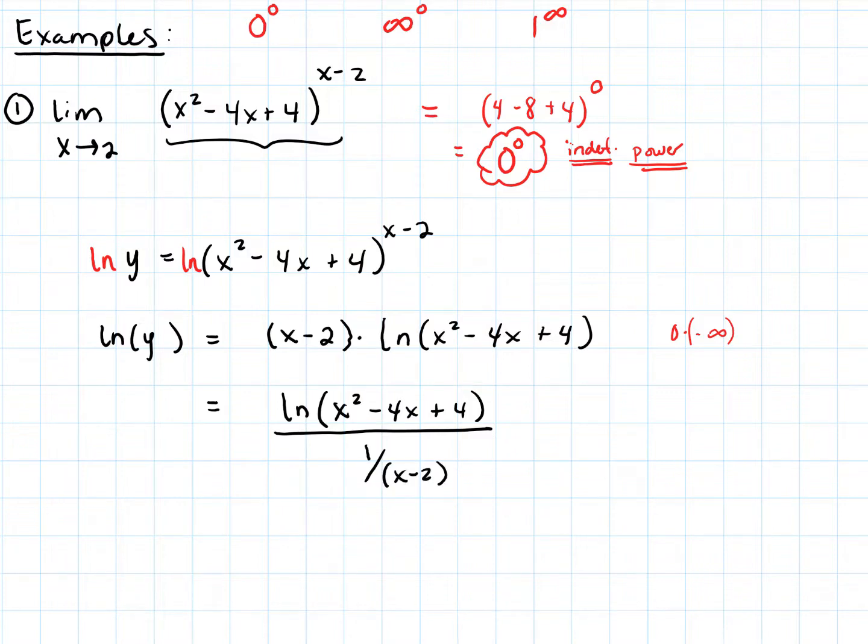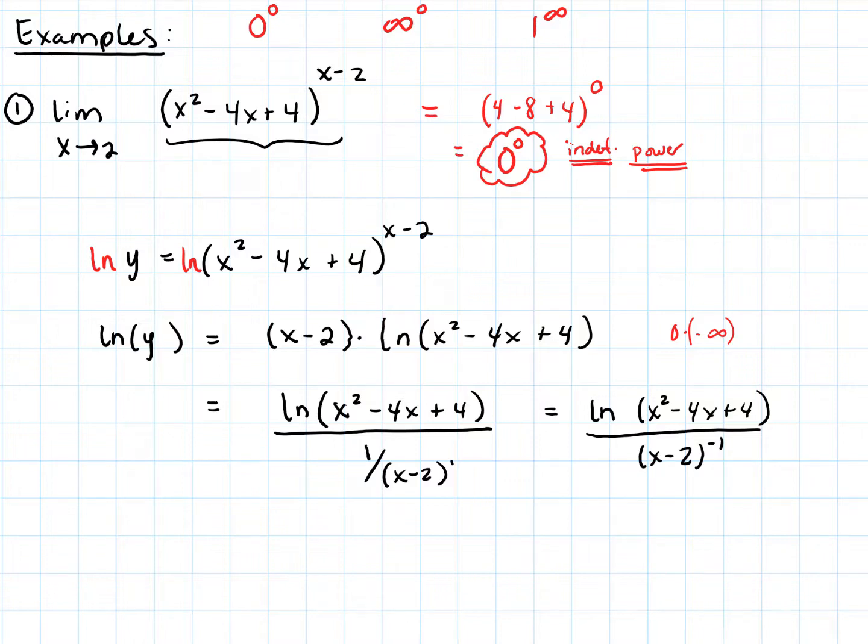I'm going to utilize that reciprocal rule. Better yet, what if I just write this as x minus 2 to the negative 1 in the bottom? Remember, the reciprocal, 1 over x minus 2 to the first power, is the same as x minus 2 to the negative first power. Just utilizing all our tools of algebra here.